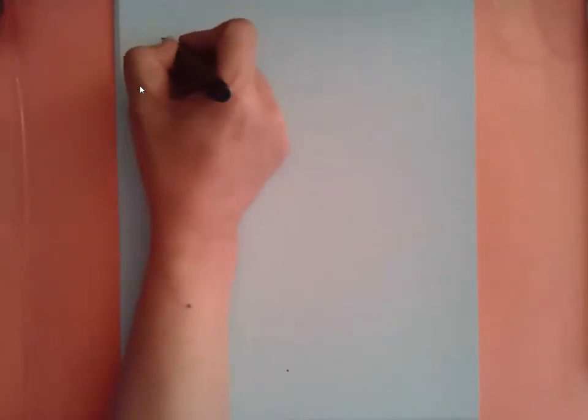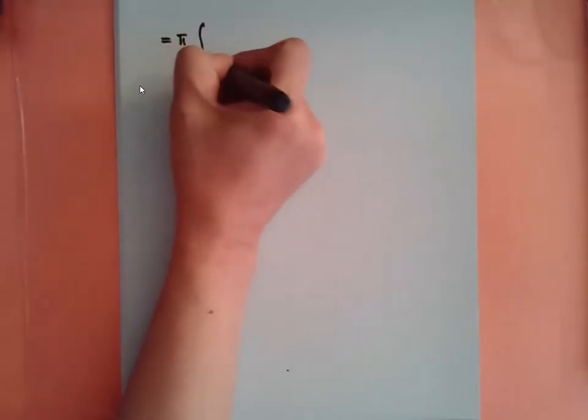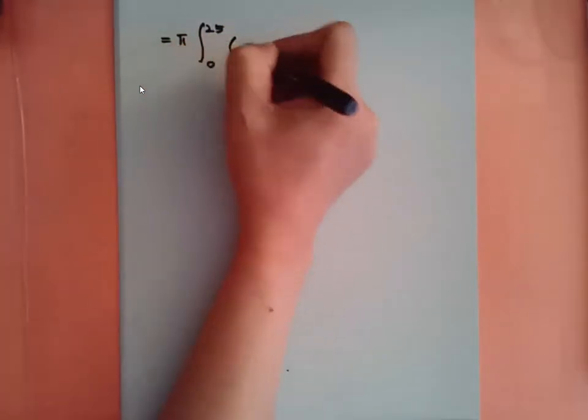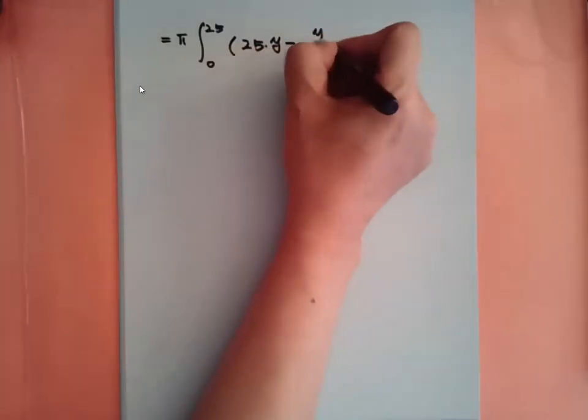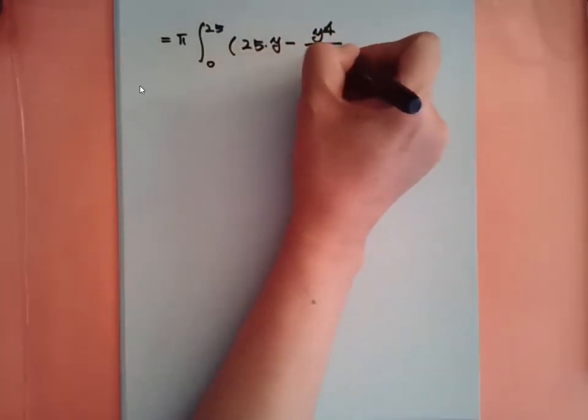So that is pi times the integration from 0 to 25 of 25y minus y to the fourth power over 625, dy.